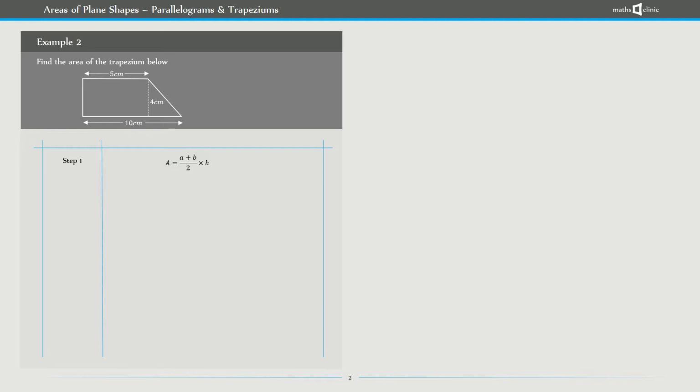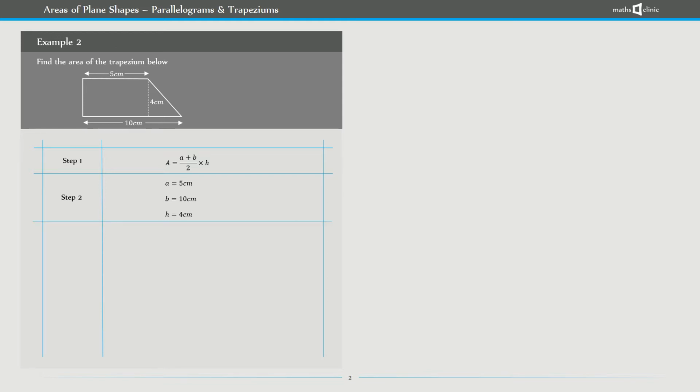The formula for finding the area of a trapezium, quite simply, is you find the mean of the two parallel sides, okay, and you multiply by the vertical height. And we've been given the two parallel sides. In this case, A equals 5 cm and B equals 10 cm, okay, and our vertical height, perpendicular height, is 4 cm.